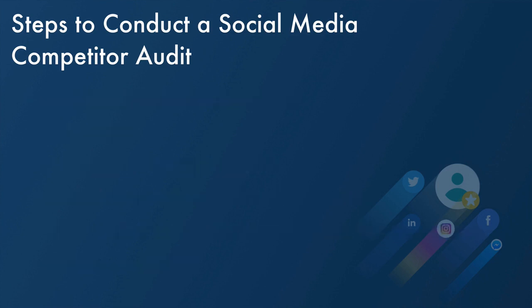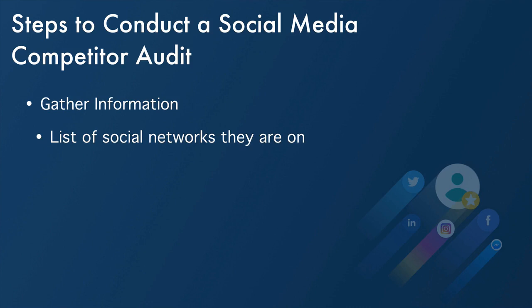So the next step in conducting a social media competitor audit is to gather information, to try and source every kind of information possible about your competitors. And to do that, the first thing that we'll need to do is to list out all the social networks they are actively pursuing.